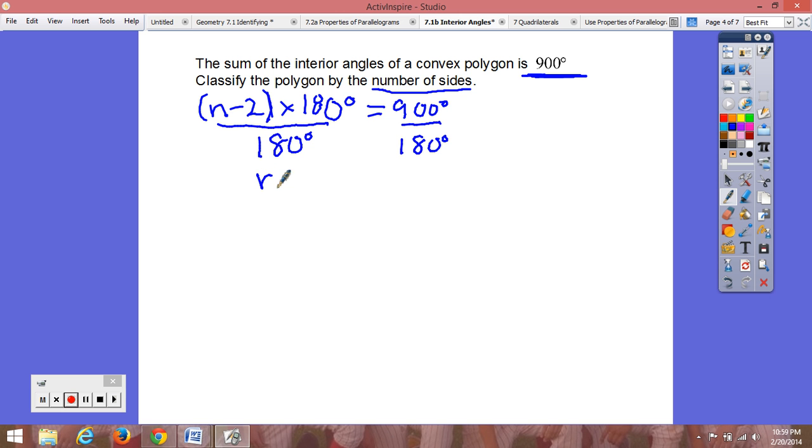So then we have n minus 2 equal to 5. So we add 2 to both sides, and n is going to equal 7. And so if our polygon has 7 sides, it is a heptagon.